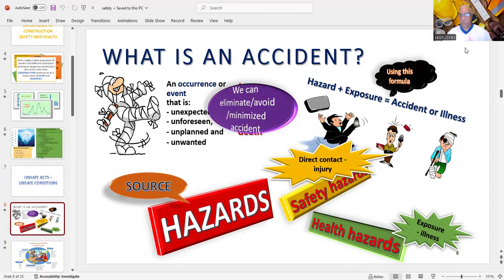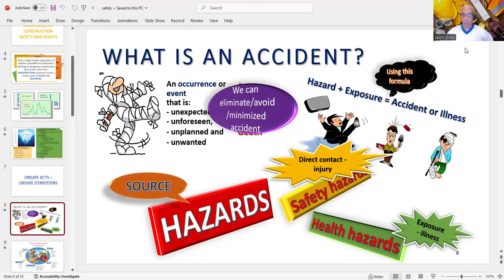Hazard plus exposure equals accident, or not plus, it's or illness. Let me give it to you again so you'll understand it quite clearly. The formula is hazard plus exposure, and that equals accident or illness.